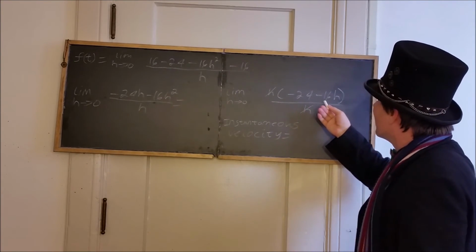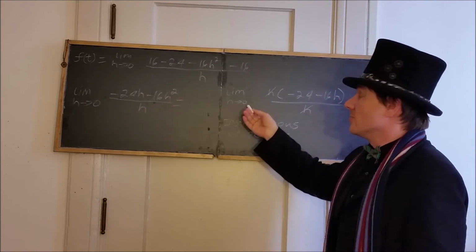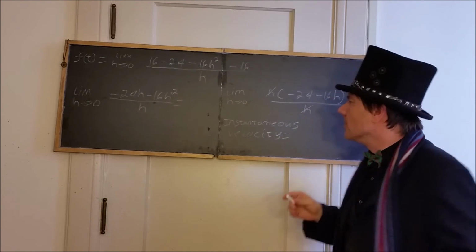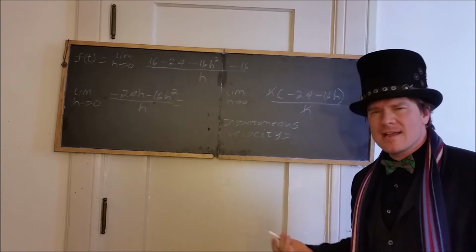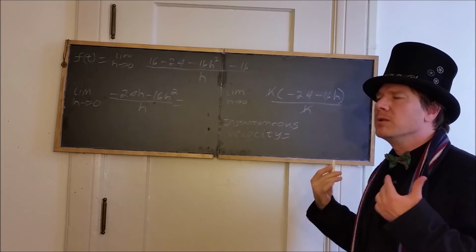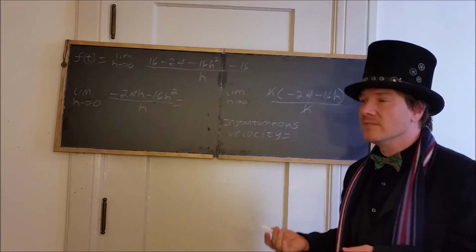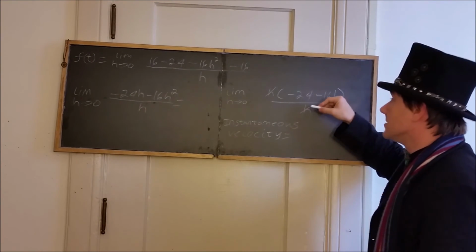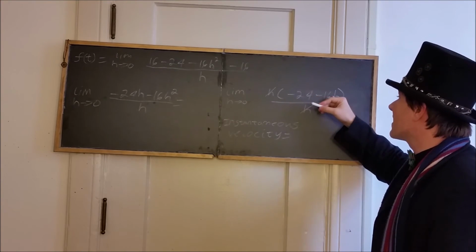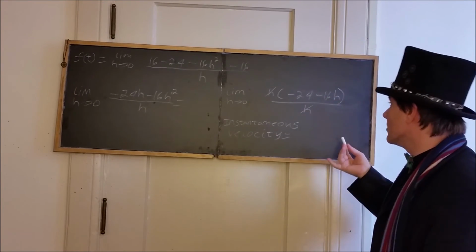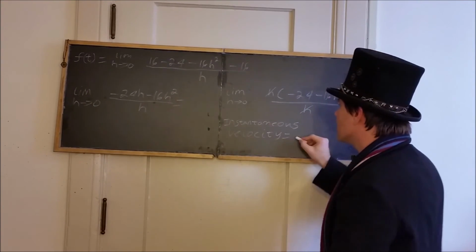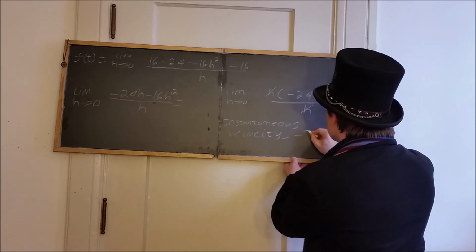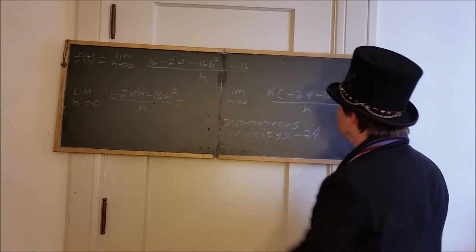So now we can plug the 0 in. I say plug 0 in, but we're not actually plugging 0 in. We're plugging an approximation of 0, you could say, into the h. So when you plug 0 into h, you get negative 16 times 0, which is 0. And we're left with instantaneous velocity equals negative 24.